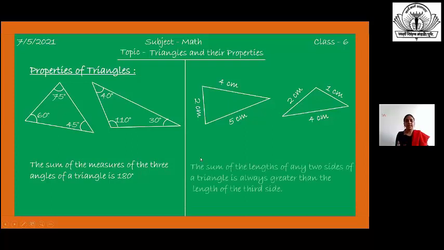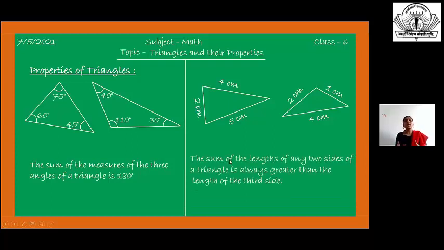So the second property of triangles is that the sum of lengths of any two sides of a triangle is always greater than the length of the third side. If you add up any two sides of a triangle, that sum is always going to be greater than the length of the third side. Are these two properties clear to everyone?